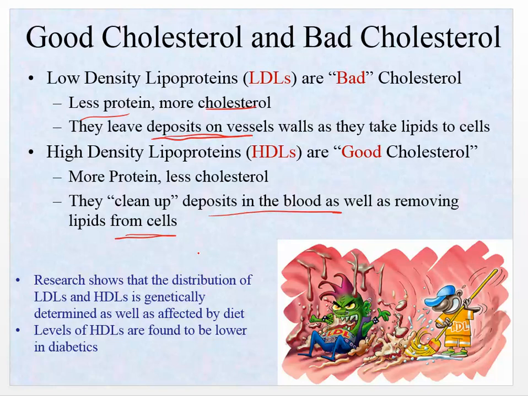And then we figured out that some people, it didn't matter if they had a high cholesterol diet, they still had a lot of HDLs, these good cholesterols. And so it was figured out that you're kind of born to make either more or fewer, and it is controllable by our diet, but largely it's also just genetic.